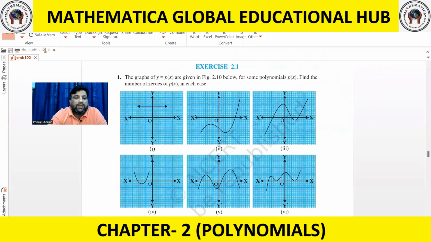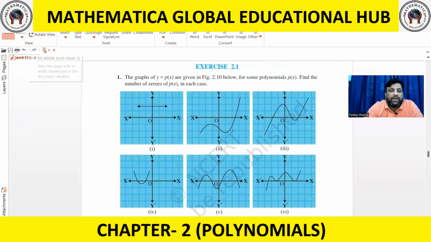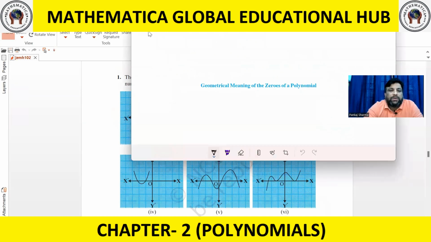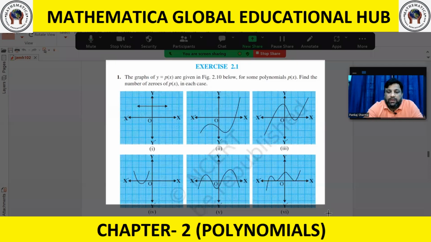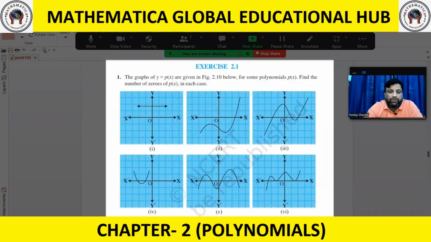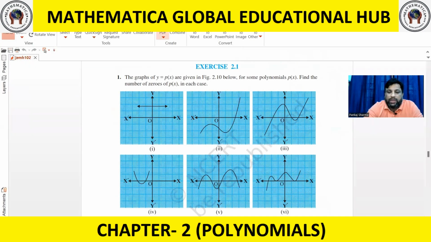Here in the NCERT book, exercise 2.1 is given, and now we are going to discuss the problems related to exercise 2.1, based on the concept of the geometrical meaning of zeros of a polynomial.